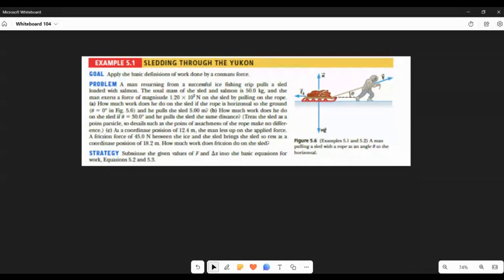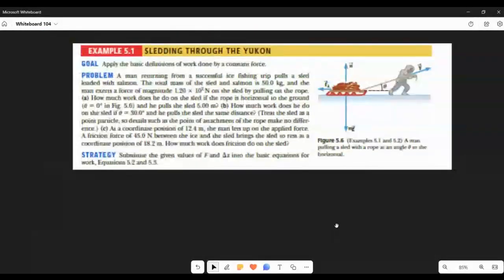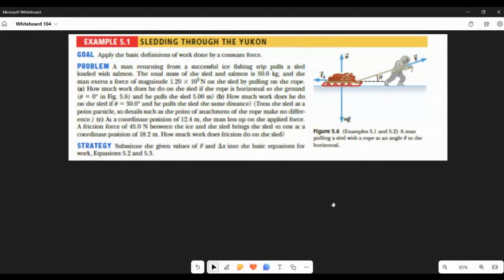All right, guys, can you all see this? Can you guys all see this? Cool. So let me just zoom in for you a bit. Obviously, you have the textbook on hand. I'm just applying the basic definition of work over here. And let's see what we can cook up.